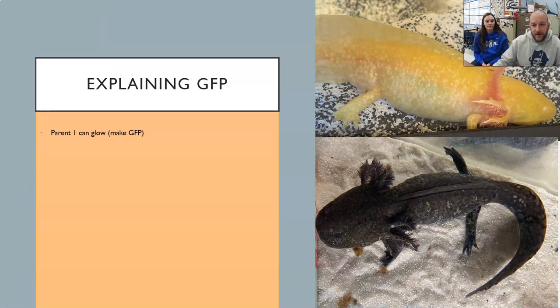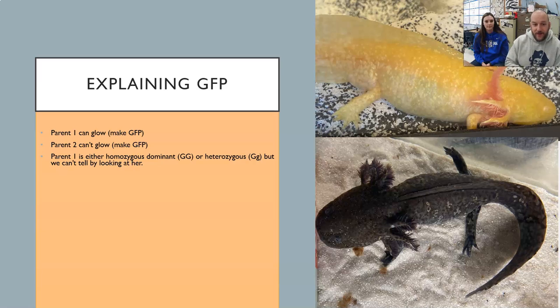Okay, GFPs. So GFPs, parent 1 can glow, parent 2 can't. So therefore, parent 1 is either homozygous dominant or heterozygous for it. Can't tell by looking at her because either one shows the same characteristic. And looking at him, that's our male parent. Our second parent must be homozygote recessive because if she had a copy of it, she would be showing it.